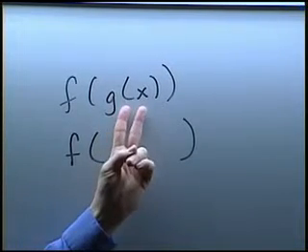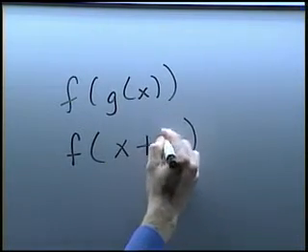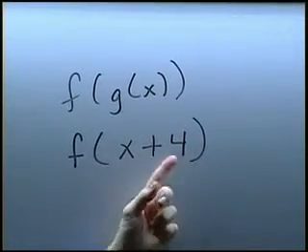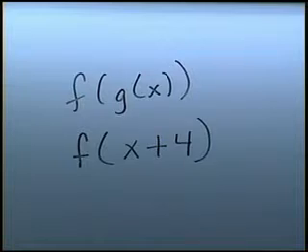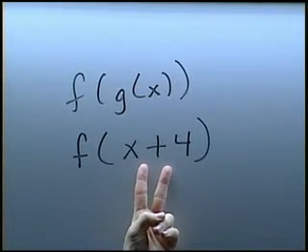What can I substitute in for g of x? What's g of x equal to? Well, it's equal to x plus 4. So what I can do is I can say, whatever my number is, I'm going to add 4 to that number. So that can be substituted in here for g of x. Okay? Now, what is f evaluated at x plus 4?